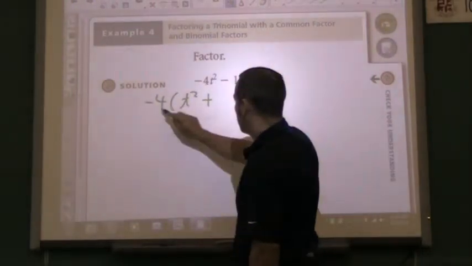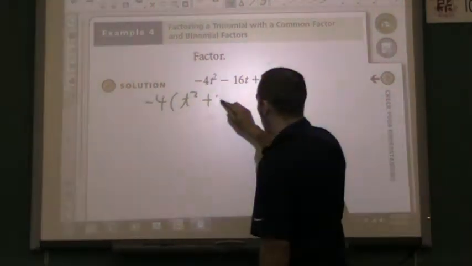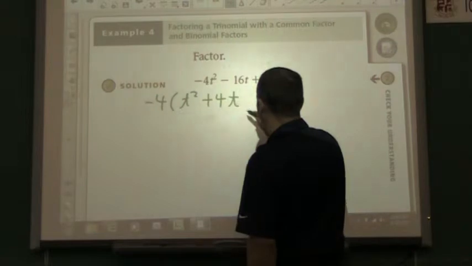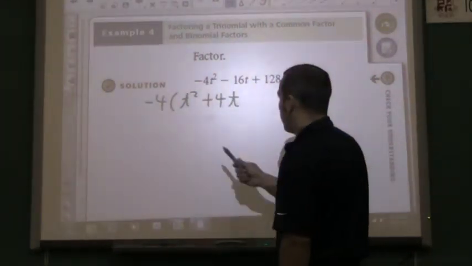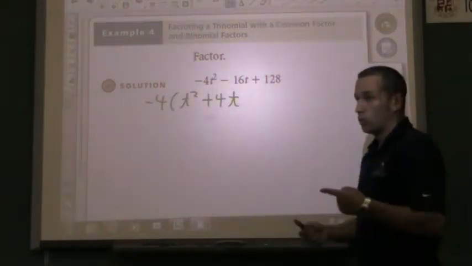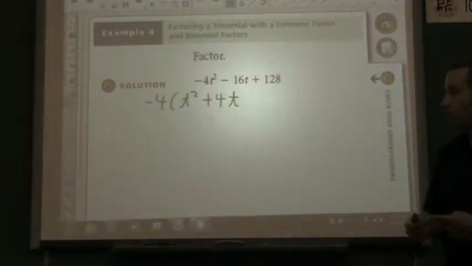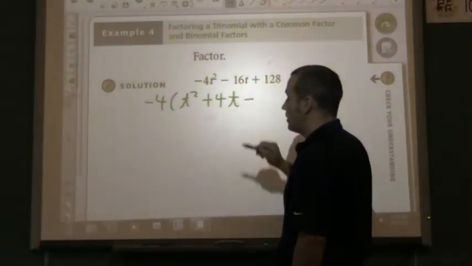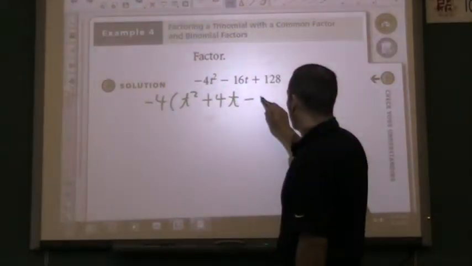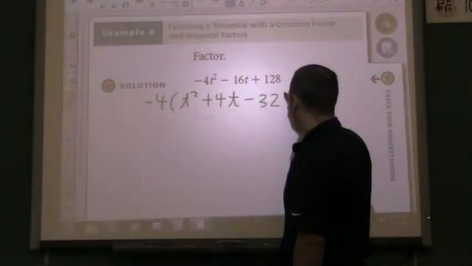In other words, -16 divided by -4 leaves you with 4, so I end up with 4t. And then 128 divided by -4. The same rules apply for division as with multiplication. I've got a positive divided by negative, so my answer is going to be negative. Right? And that's going to give you 32.